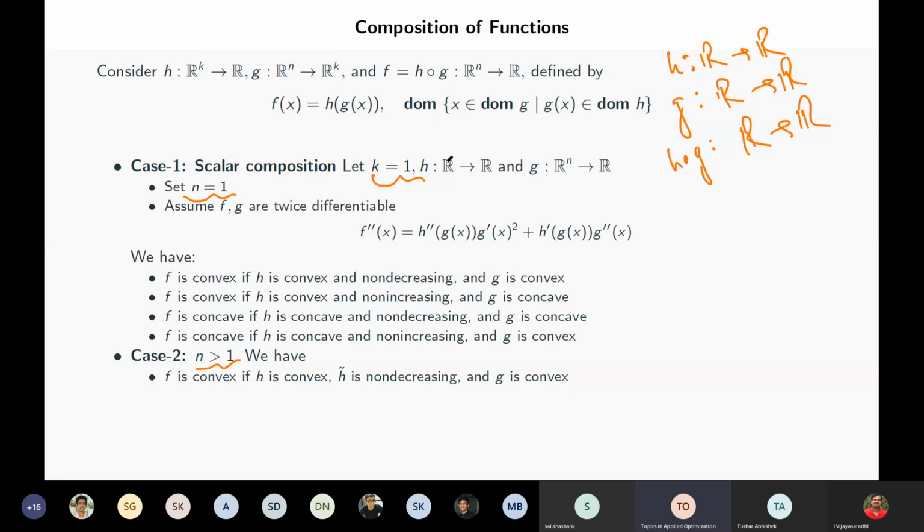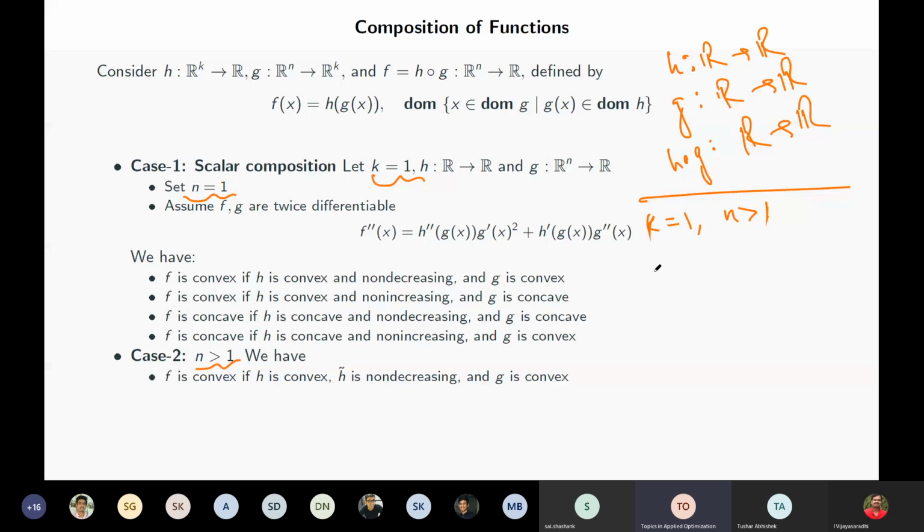So I believe k is still 1. Yes. Okay. So the second case is k equals 1 and n is greater than 1. So we will keep n to be just n.